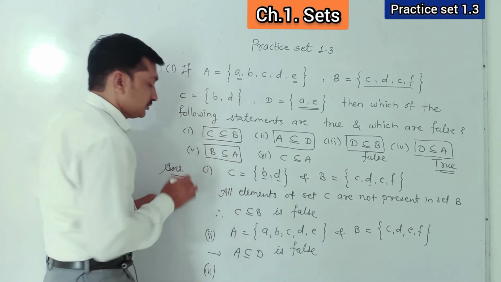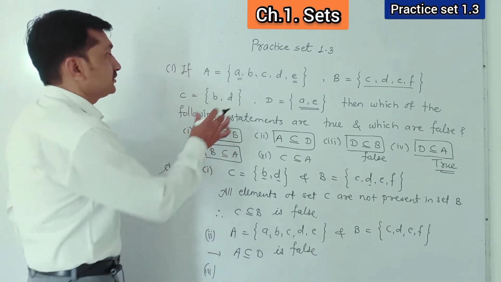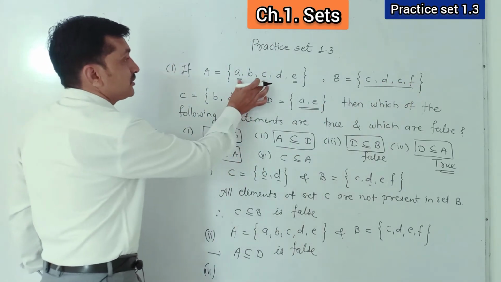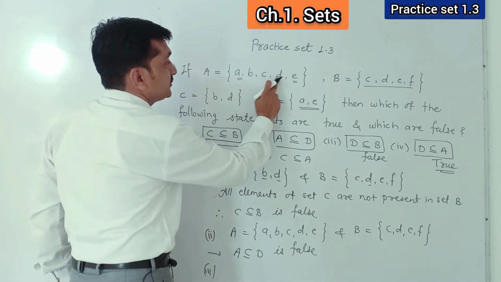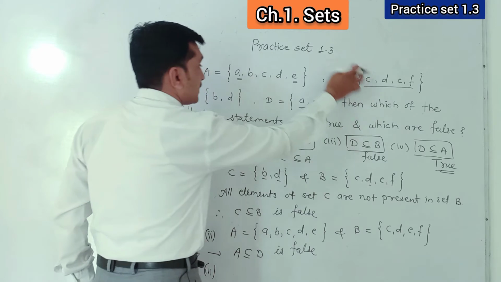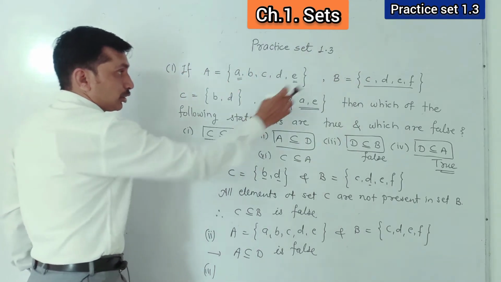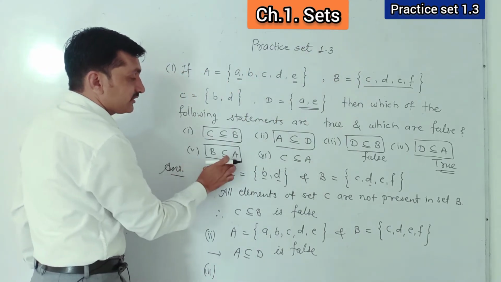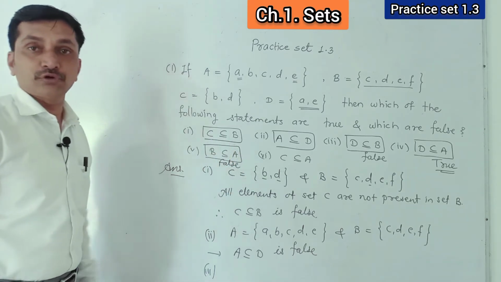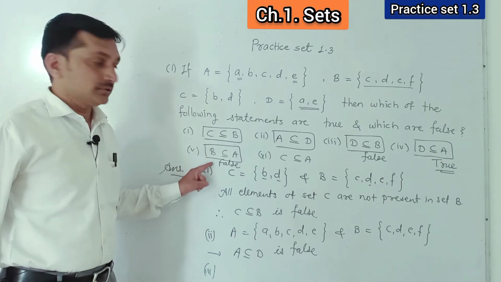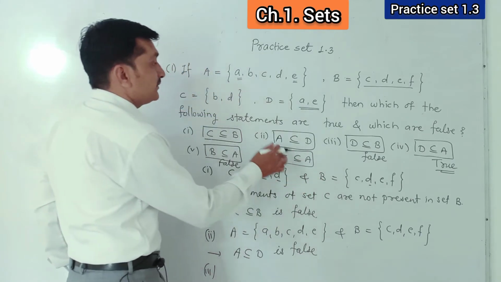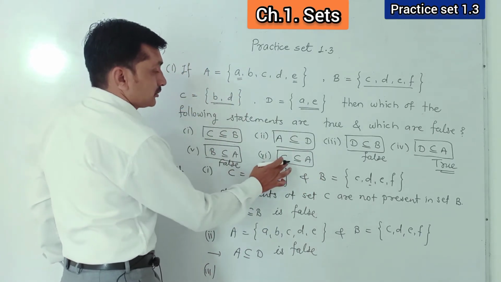Now here fifth, B subset of A. Now B here, these four, C, D, E, F, subset of A. Here, C, D, E, F. F is not here. All elements of B are not present in A. Therefore, it is false. Understood? Now last, C subset of A. All elements of C. C means {B, D}.